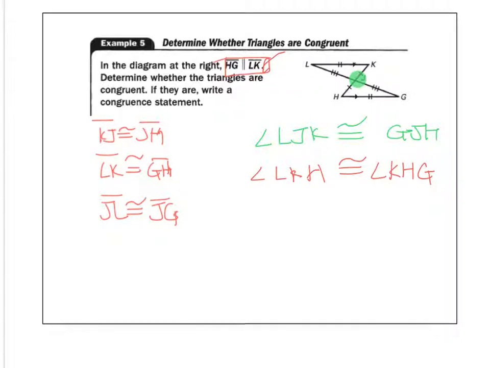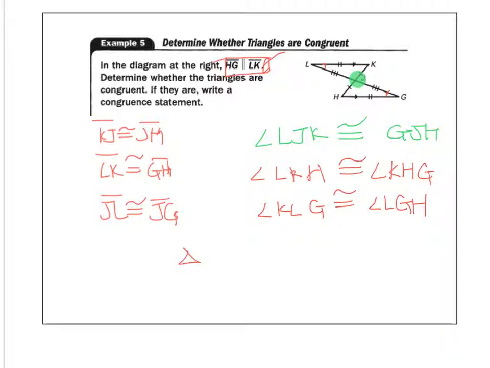If 2 out of 3 angles are congruent, the third one has to be congruent because the three interior angles add up to 180. Another way to look at it is that because these two lines are parallel, angle KLG and angle LGH are also congruent because they are alternate interior angles. So again, 3 angles and 3 side lengths are all congruent to their corresponding parts.